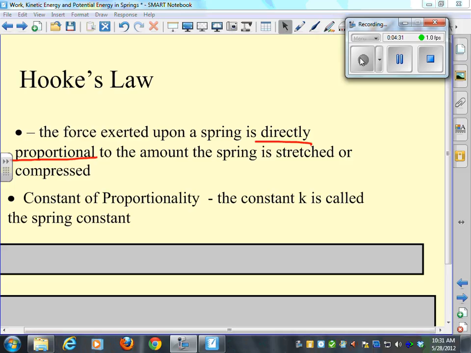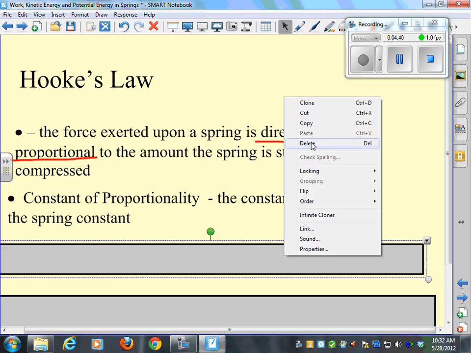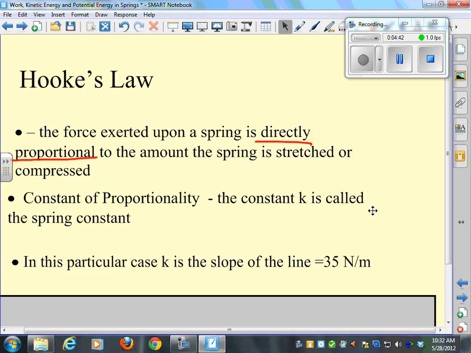All right, so the constant of proportionality is called k, and we call this the spring constant. Now, you should have determined the other day, I think you got 2 graphs. Did they have the same slope? No. Did anybody graph them on the same axis?